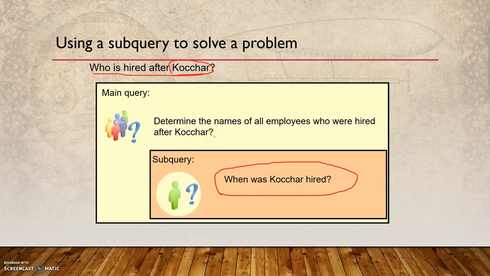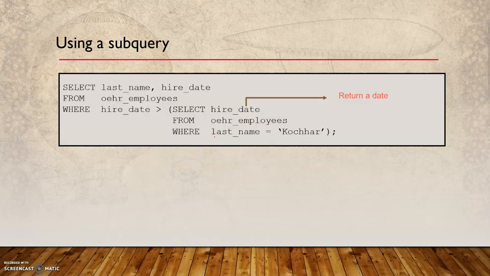Once you get that information, which will be a date, you pass it on to the parent query or main query, and then you retrieve all the employee names hired after that date.